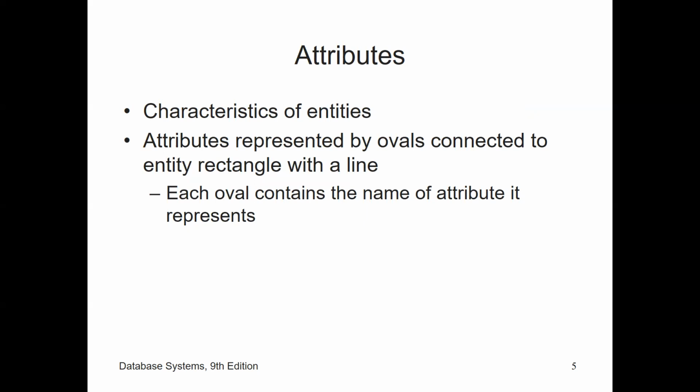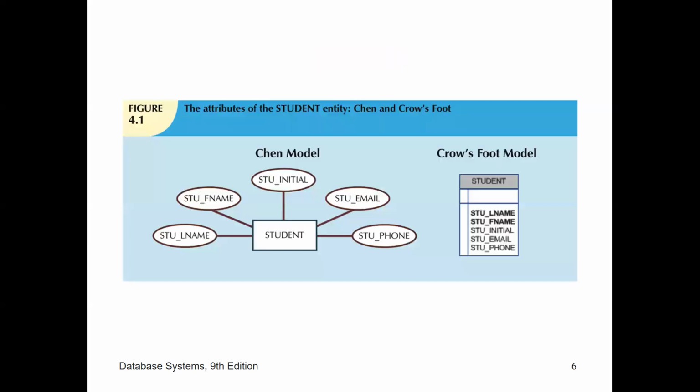These are attributes of the student entity. The illustration shows an example of the Chen and Crow's Foot models in formulating an entity relationship model. The one on the left represents the Chen model, and the one on the right reflects that of the Crow's Foot model.